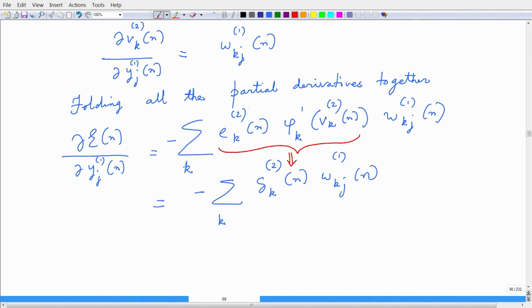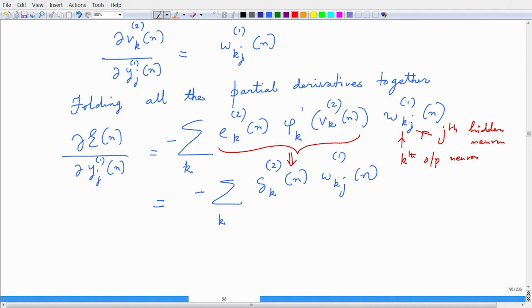So these two terms are in layer 2. So this times w_kj, the synaptic weight between the hidden and the output layer, that is, the kth output neuron is connected to the jth hidden neuron.